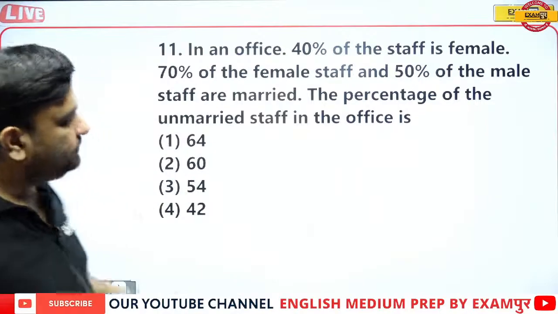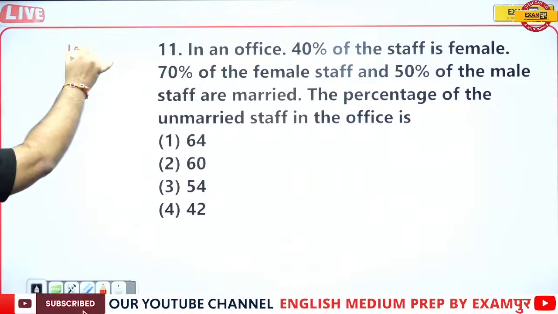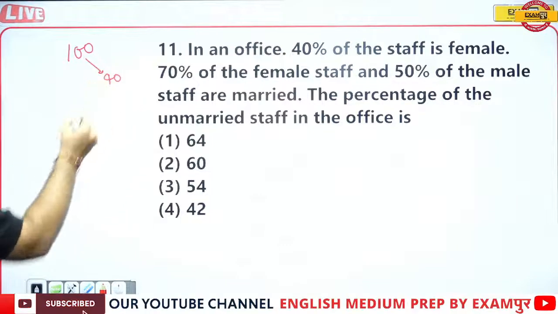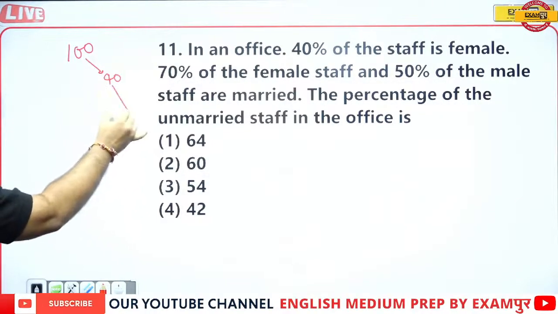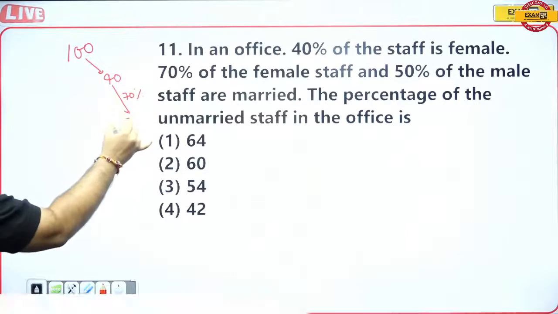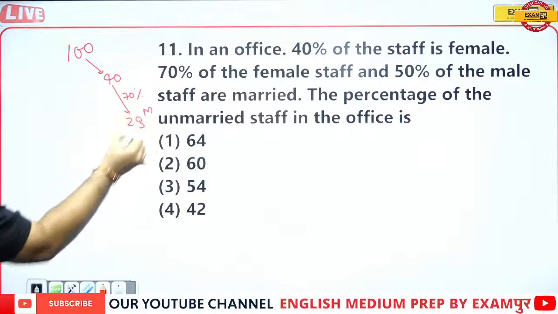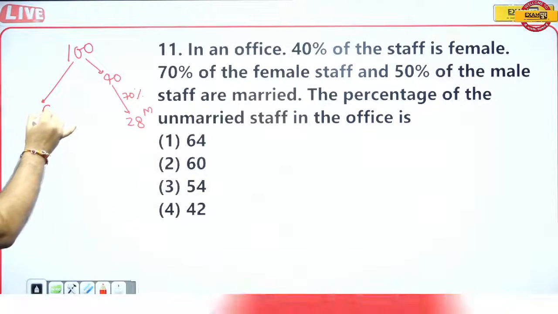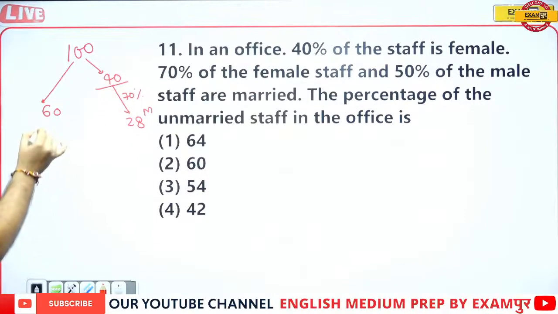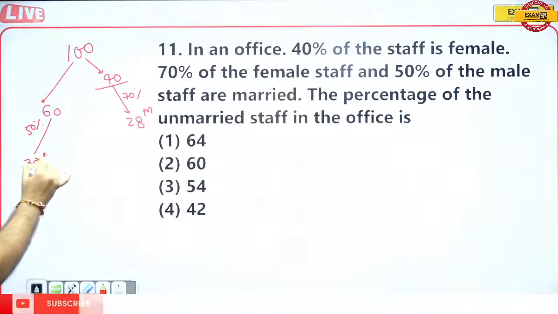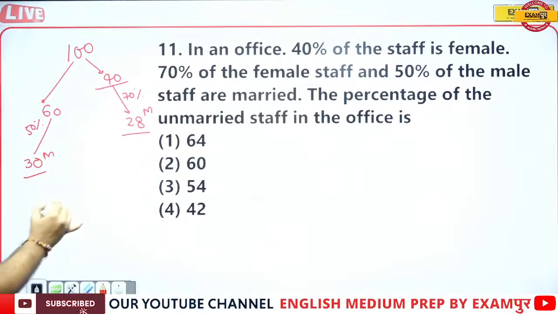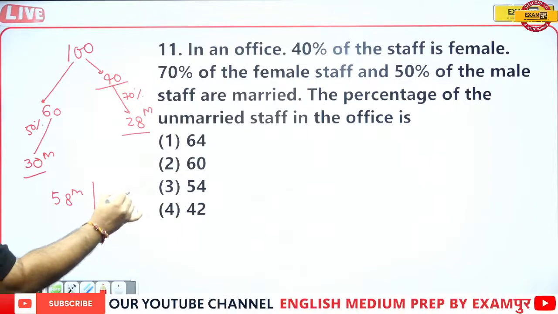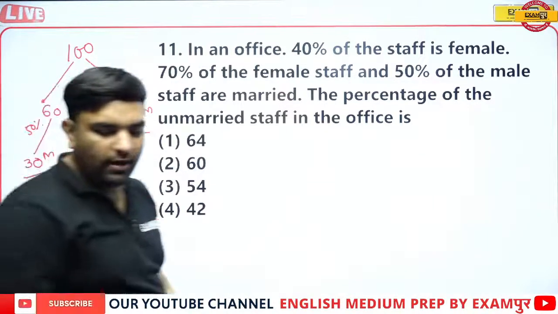So, out of 100, 40 are female. 70% of females, that is 28, are married. And 50% of the male, how much remaining after 40? 60 remaining. 50% of 60, that is 30, are married. So total married are 58. So remaining 42 are unmarried.